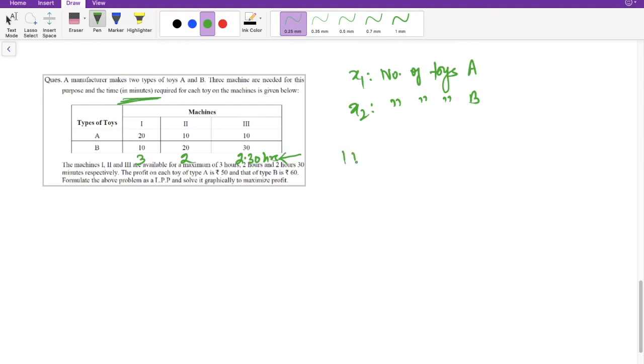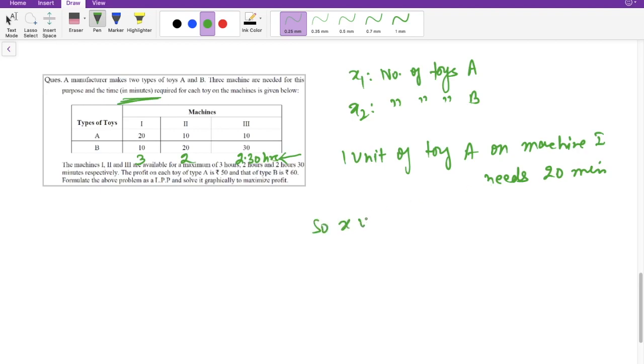1 unit of toy A on machine 1 needs 20 minutes. So x1 units of toy A on machine 1 would need 20 into x1, that is 20x1 units.